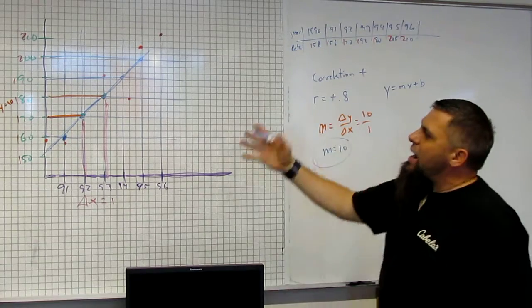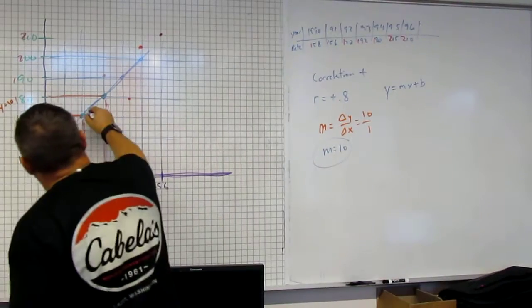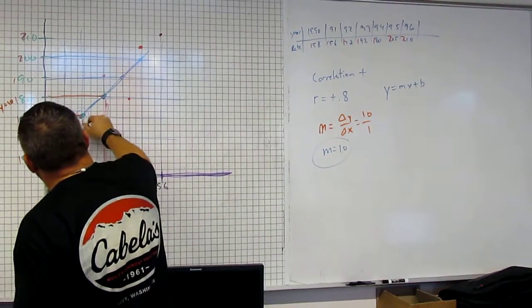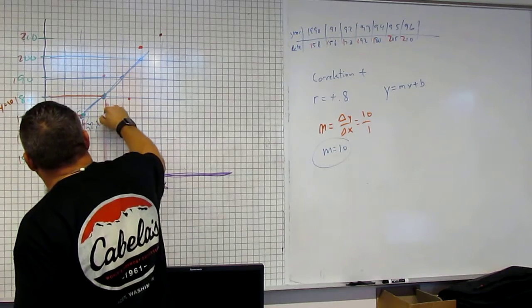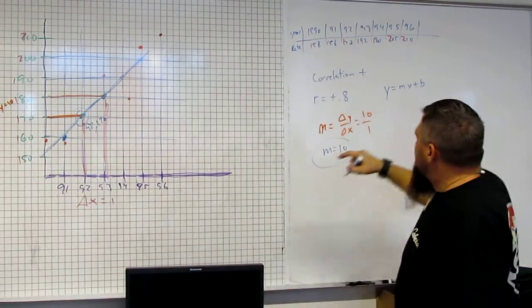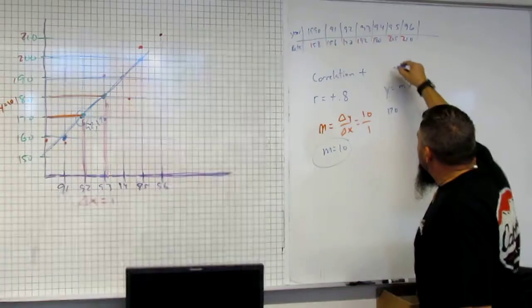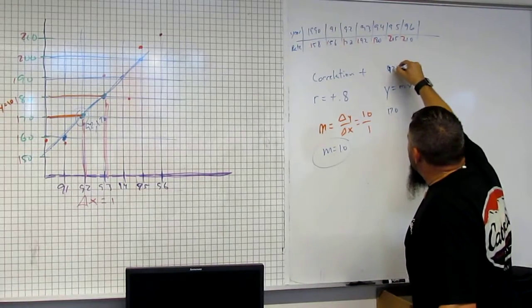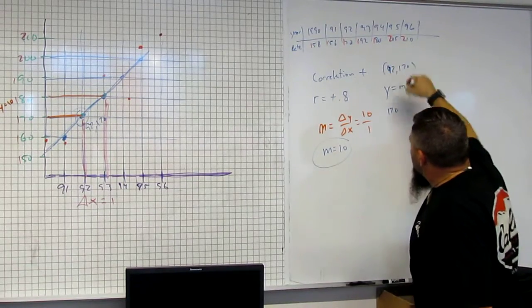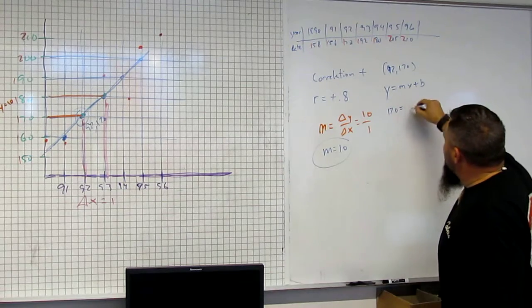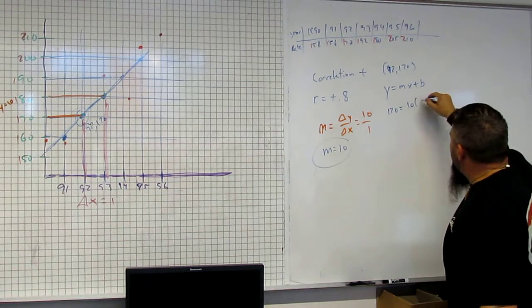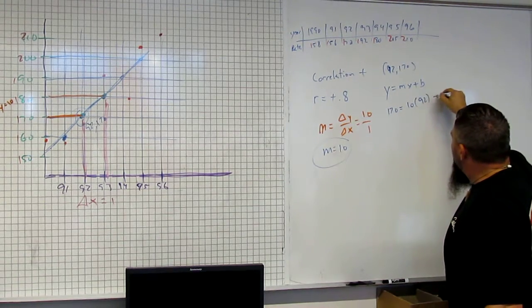I'm going to grab one of the points on the line. This is 92 and 170, correct? So 170 is my y, my m is 10 and my x is 92, plus b.